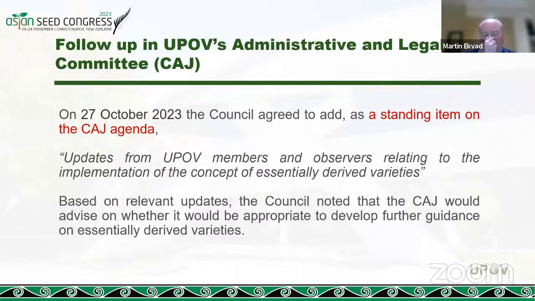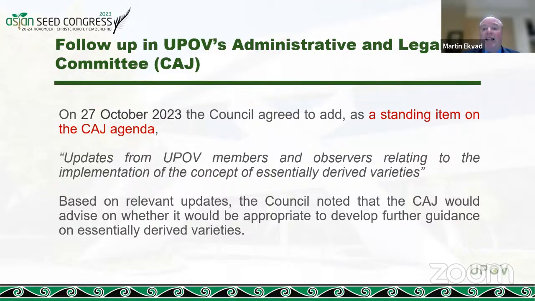So that was what is in the new guidelines. The discussions during the adoption and before the adoption of the guidelines show that there are still a little bit different views on this topic. And for that reason, it was decided by the Council in October, after having adopted the explanatory notes, that it's important that there are updates from UPOV members and observers relating to the implementation of the concept of essentially derived varieties.